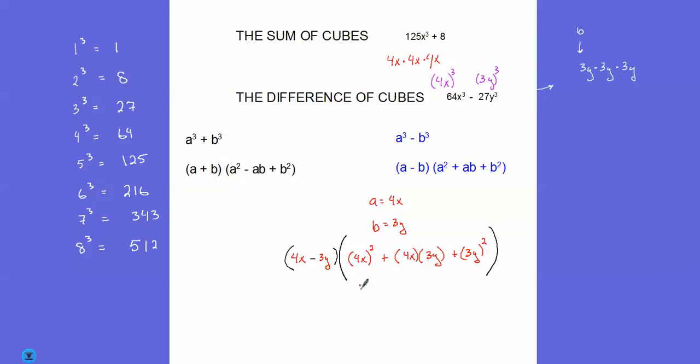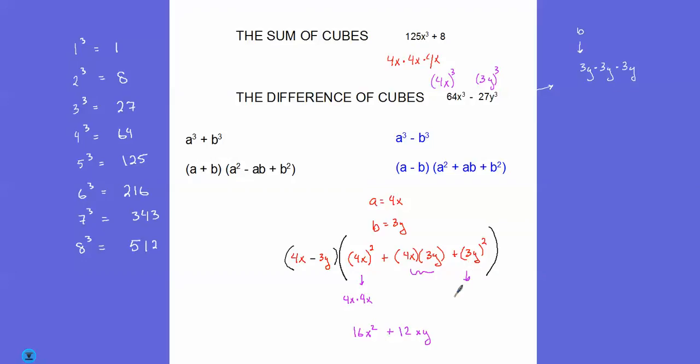Then what I must do is simplify. I'm going to take this expression here, and this is really 4x multiplied by 4x, which is going to be 16x squared. This middle is going to be 4 times 3, or 3 times 4, which is going to give you positive 12xy.